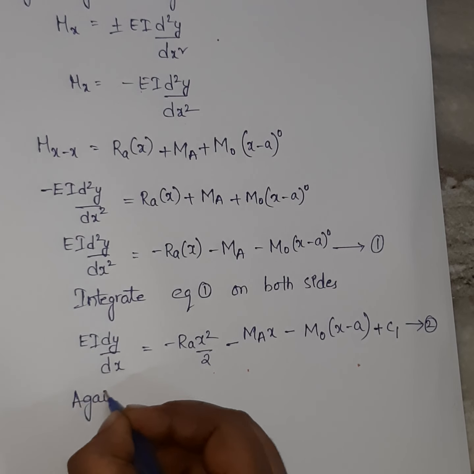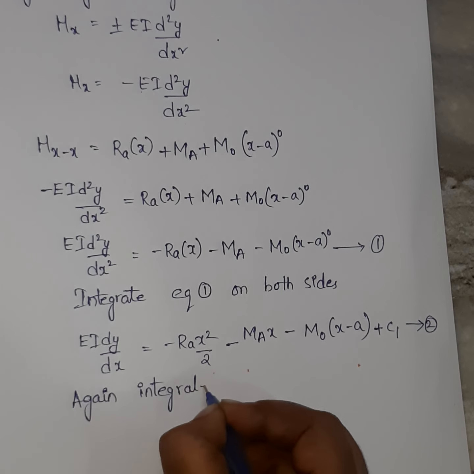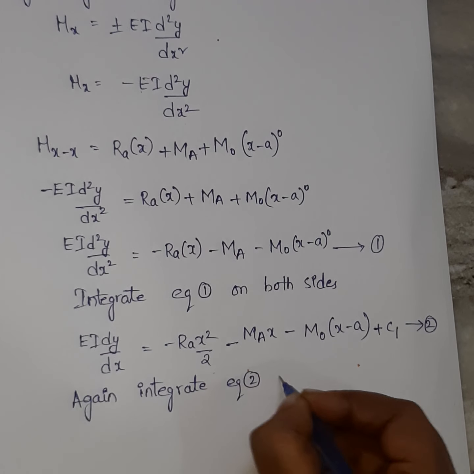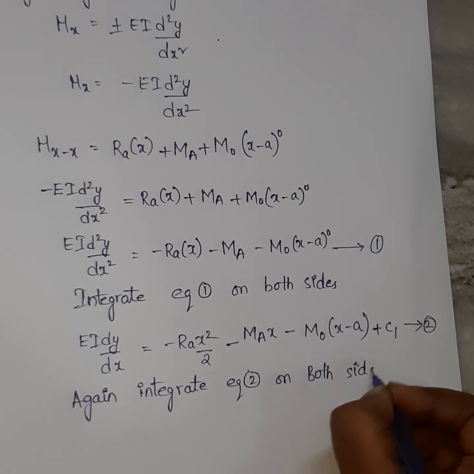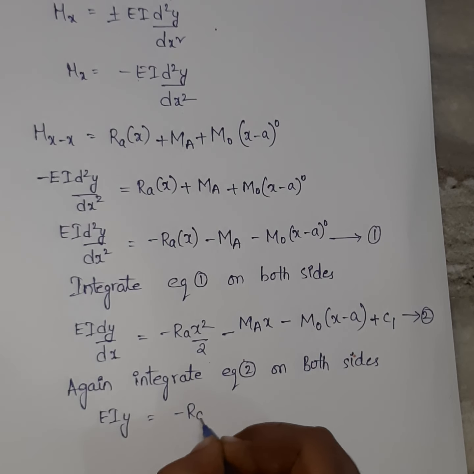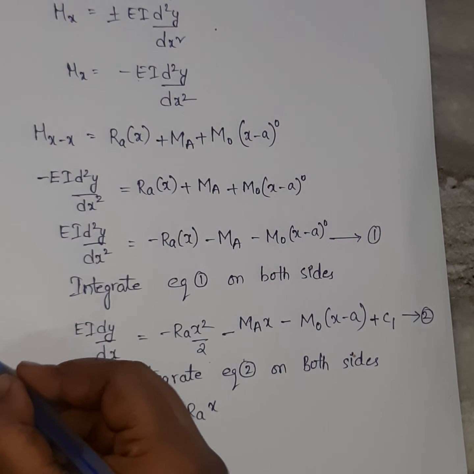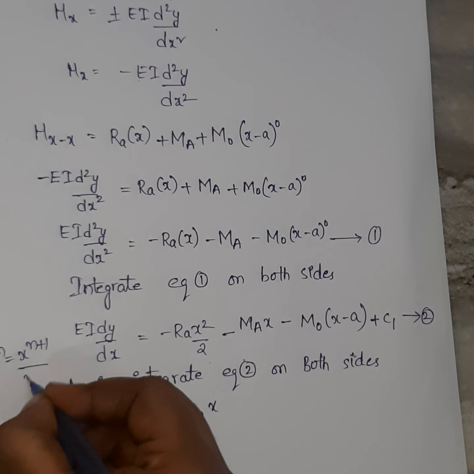Again integrate equation 2 on both sides. This is my equation number 2. EI y is equal to minus RA, and I am using the formula x power n integrates to x power n plus 1 by n plus 1.